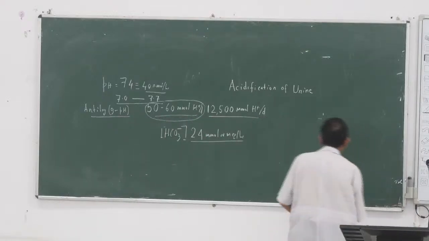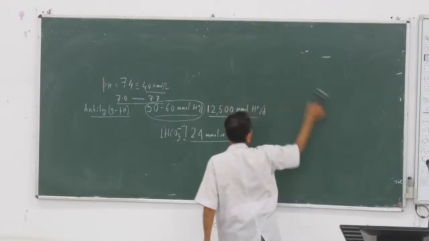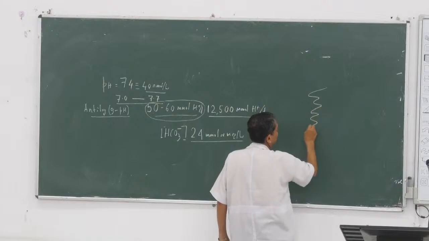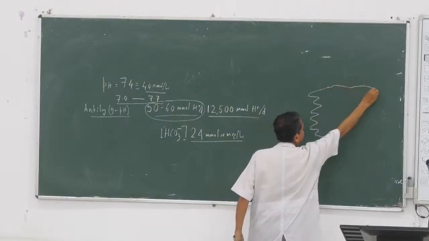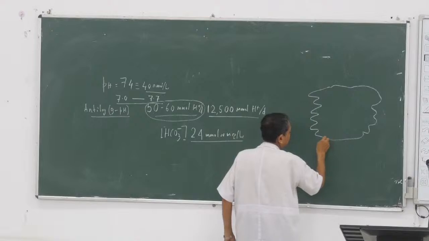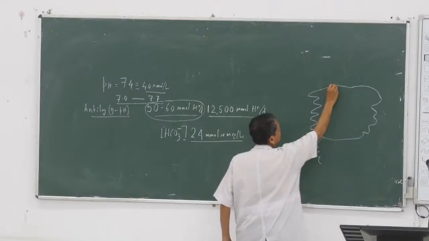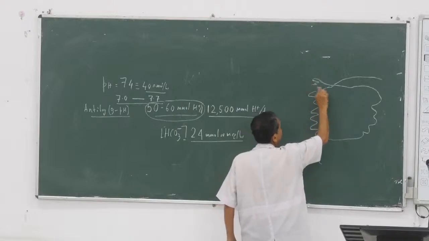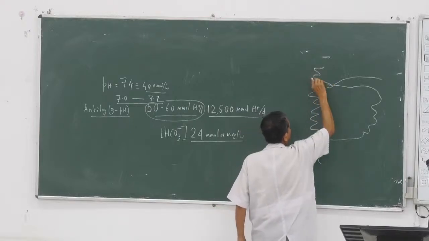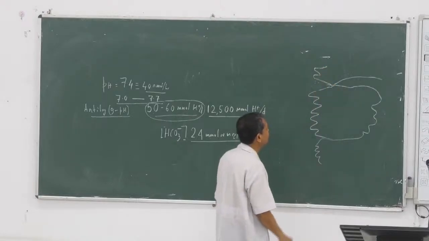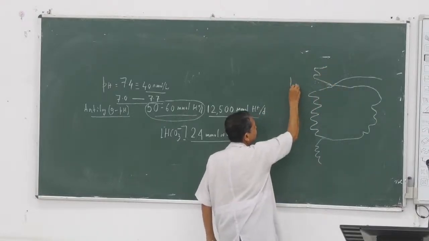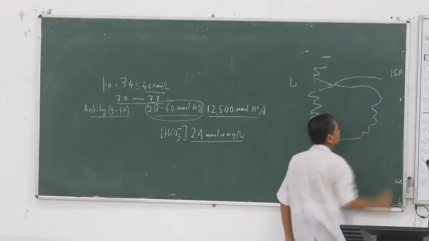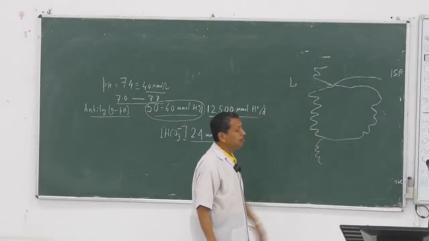And if you see the simple figure, this is the luminal side, and it is the ISF, interstitial fluid, and it is the renal tubular cell.